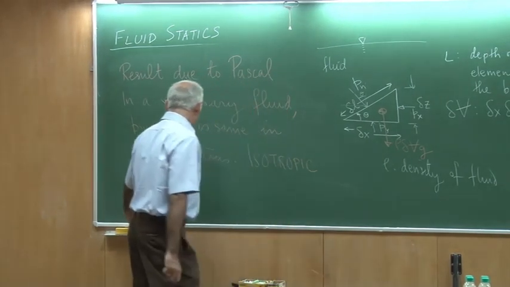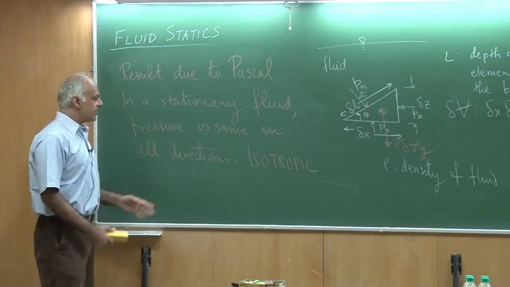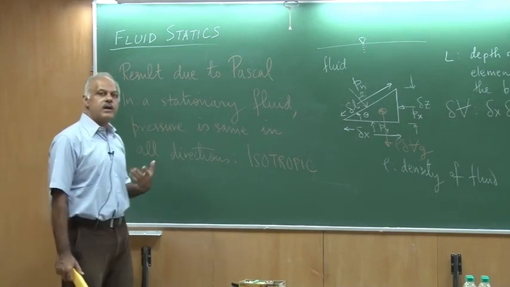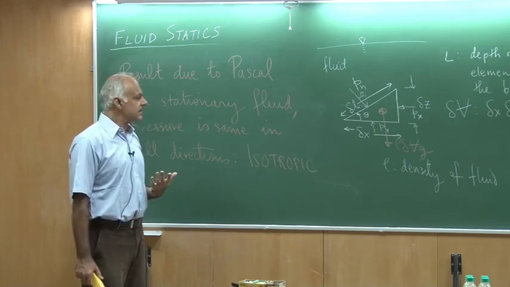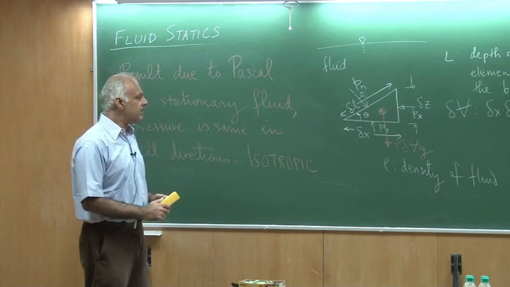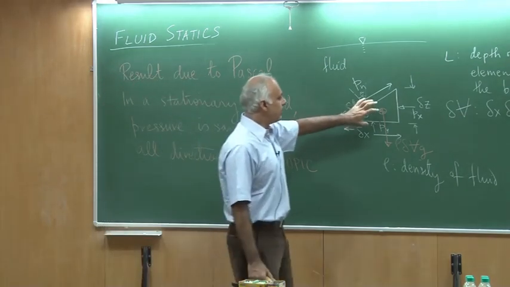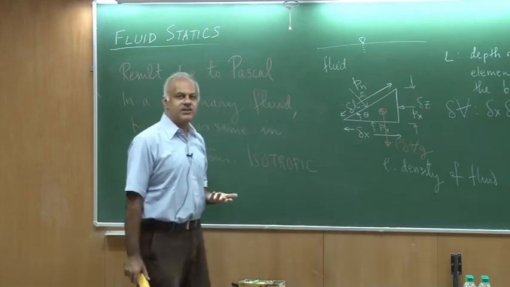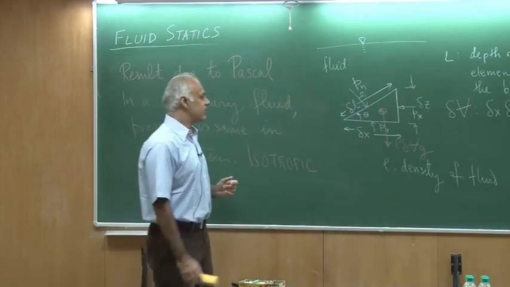Good. Now what I want to do next, having shown that pressure is same in all directions, is to find out what the variation of pressure is going to do. So suppose I have pressure that varies from one point in the fluid to the other, then what is the implication of that on the force that acts on the fluid?